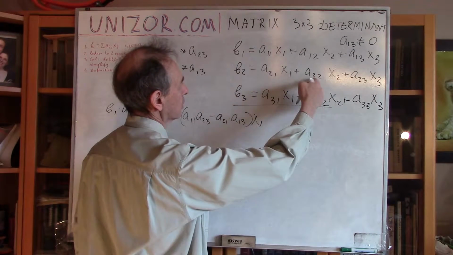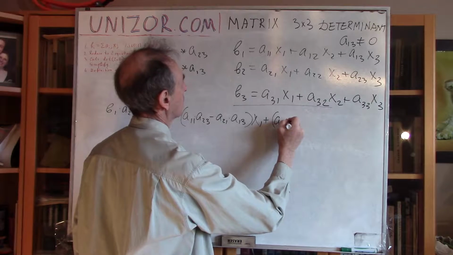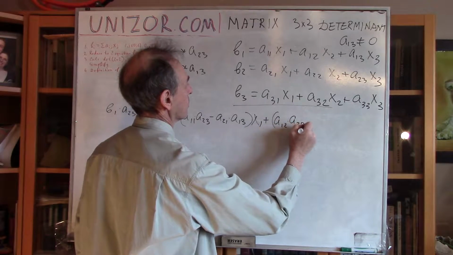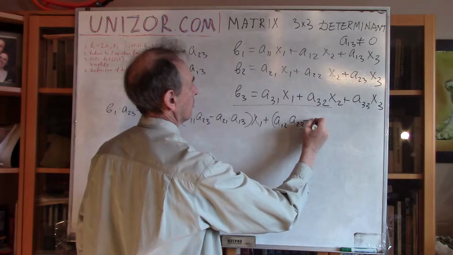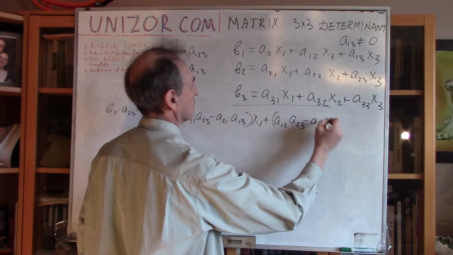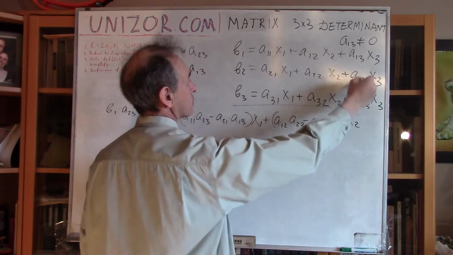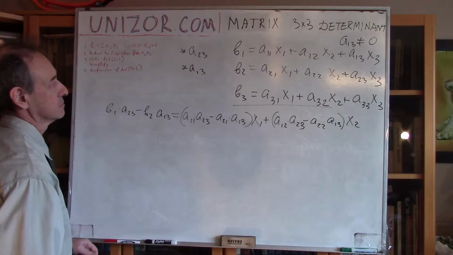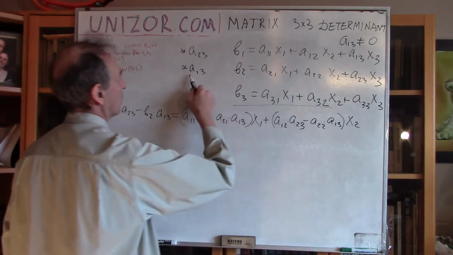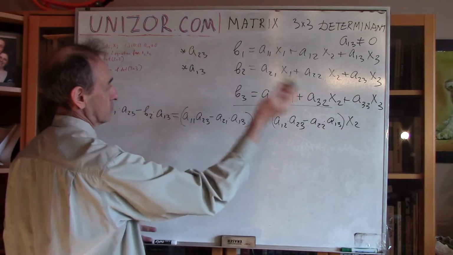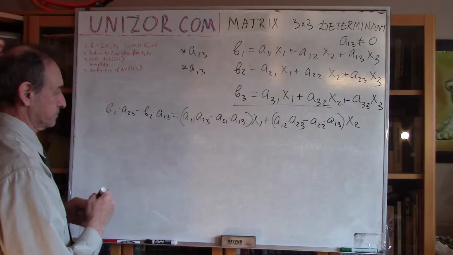And x2 would be a12 a23 minus a22 a13, this times this minus this times this. That would be x2. And x3 will cancel out, because it will be a13 a23 minus a23 a13, so it's 0, right? Okay, fine, this is done.